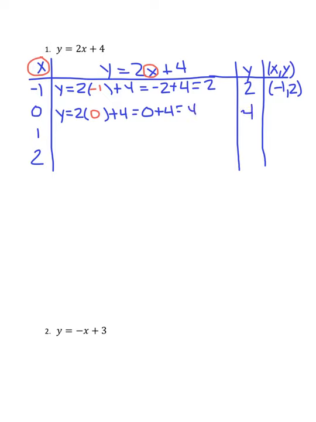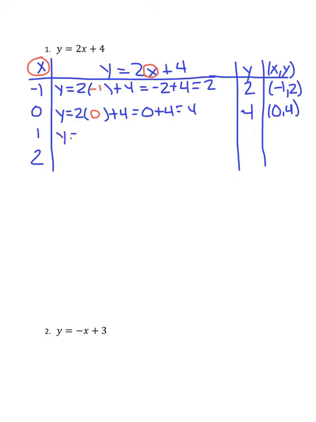So 4 goes into my y column. And then my point that we're going to plot is 0, comma 4. When x is 0, y is 4. This is our y-intercept. Anytime x is 0, that's on our y-axis. That's our y-intercept.